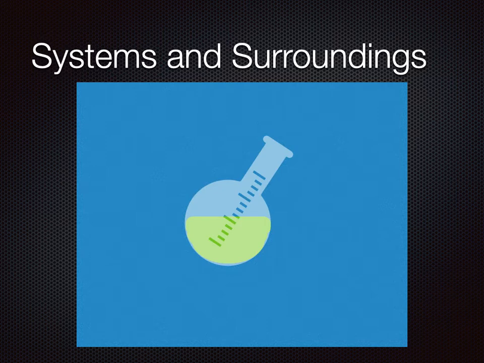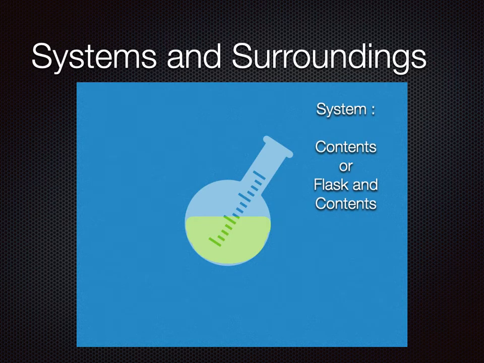So here we have some chemical flask with some substance in it. And we might consider the system that we're investigating, the system that we're measuring, the substance inside the flask. In which case, if you were to heat that substance up, it would radiate heat to the flask, and the flask would be considered the surroundings.